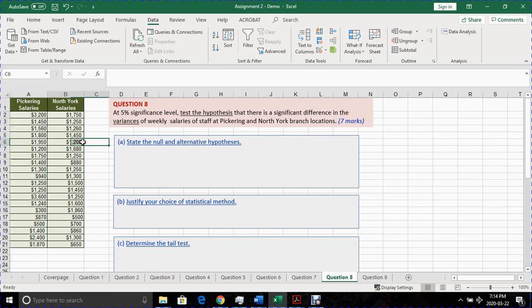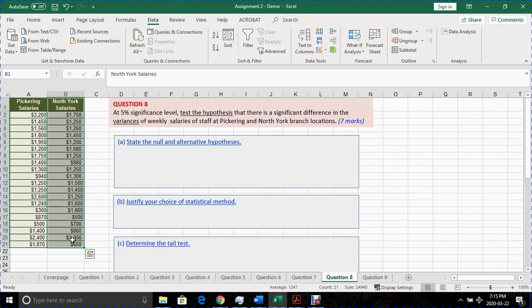In this question, you are being asked to test at the 5% significance level the hypothesis that there is a significant difference in the variances of weekly salaries of staff at the Pickering and North York branch locations. So we're going to figure out if the variance in Pickering's salary is significantly different from the variance in North York salaries. Again, variance looks at variations, and we are no longer looking at the average or the mean.